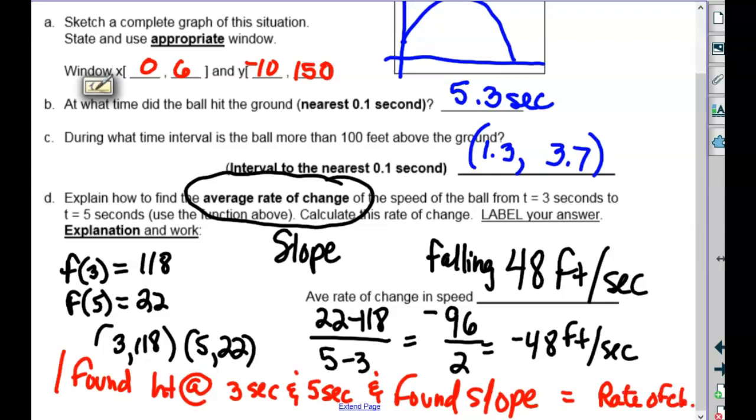Something like that. Just use the word slope. Questions? You gonna remember that one? Okay.